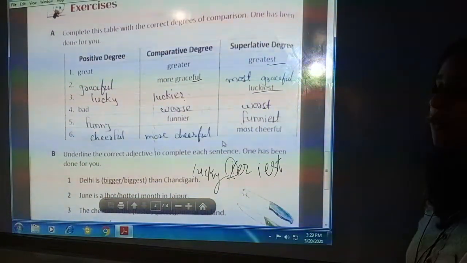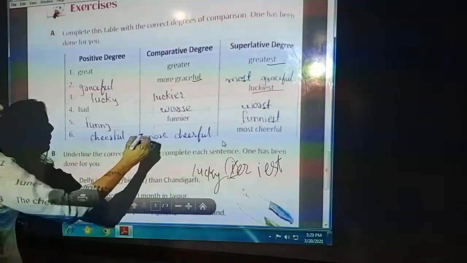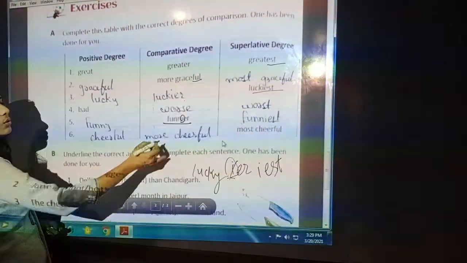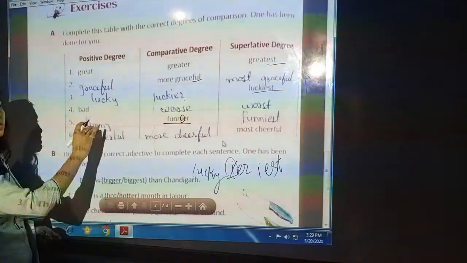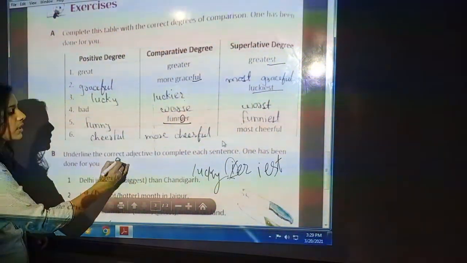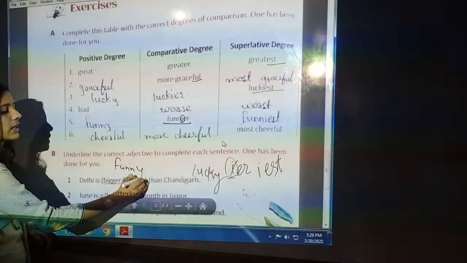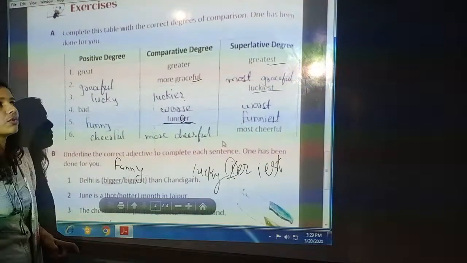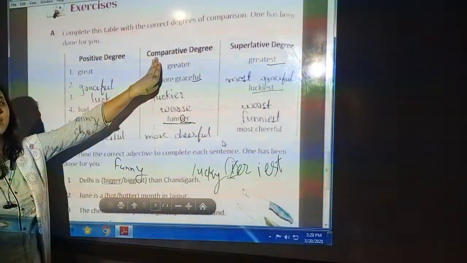Next is funny. Here you can see again in funnier I is given. So again we have to convert it in the original form for positive degree. So I will be replaced with Y again, and ER will be removed because ER is used only in comparative degree.